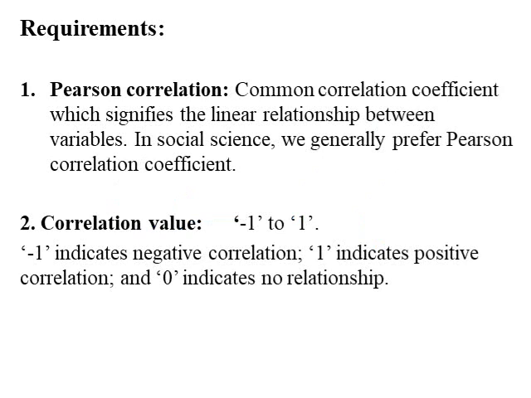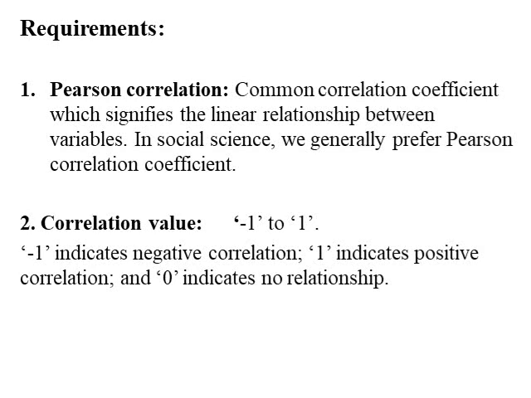While doing correlation, a researcher should have knowledge of the following requirements. Pearson correlation is the common correlation coefficient which signifies the linear relationship between variables. In social science, we generally prefer Pearson correlation coefficient.